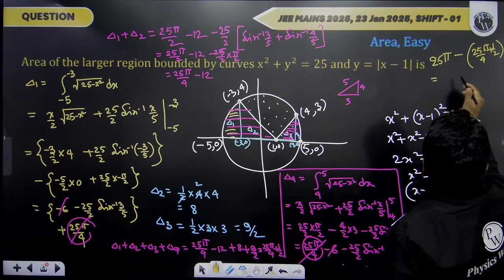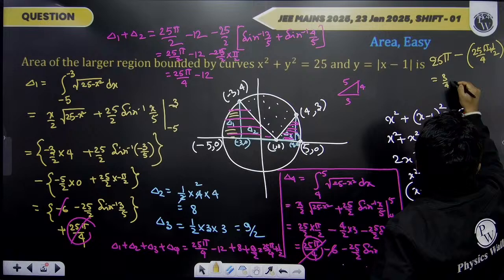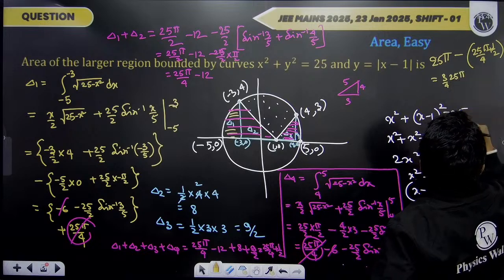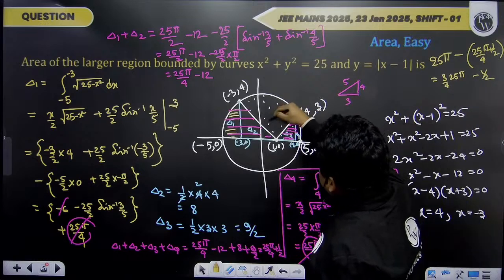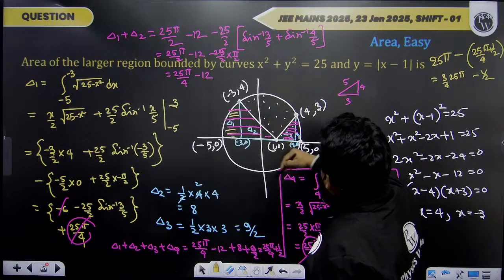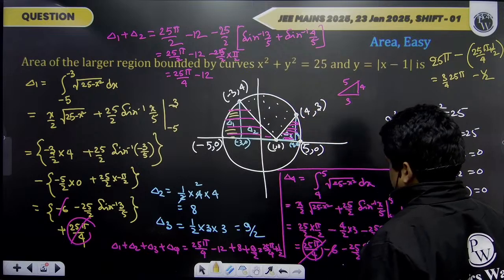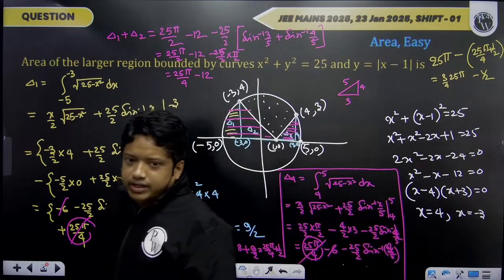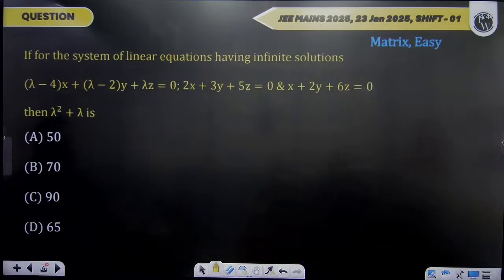So this will come as 3 by 4 into 25 pi minus 1 by 2. So this is the area of these dotted portions. Now if I have to get the largest area, then I will subtract it from 25 pi. Okay, all right. So let's move ahead to the next question.